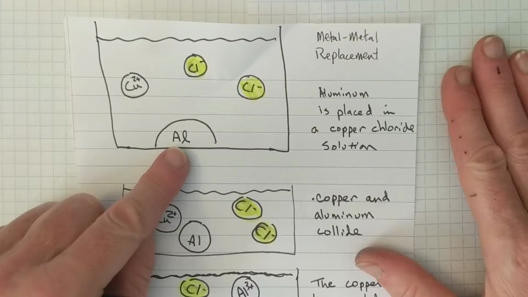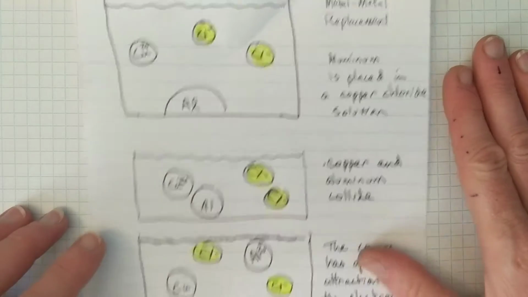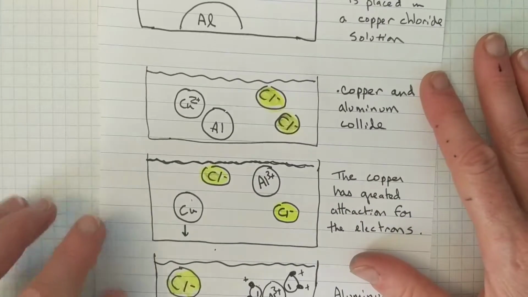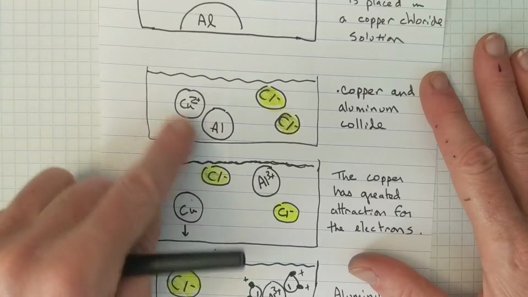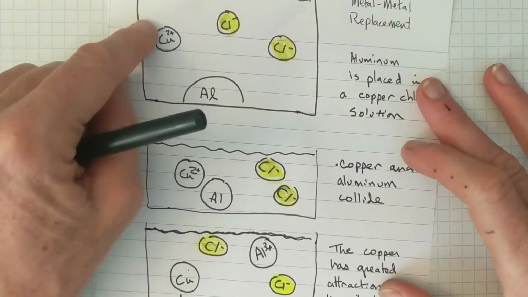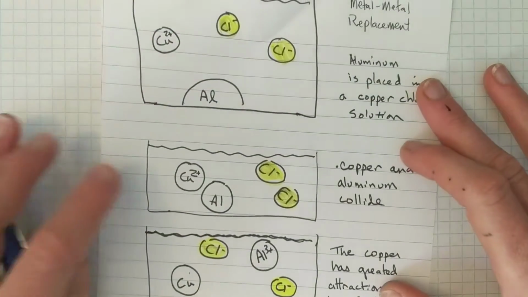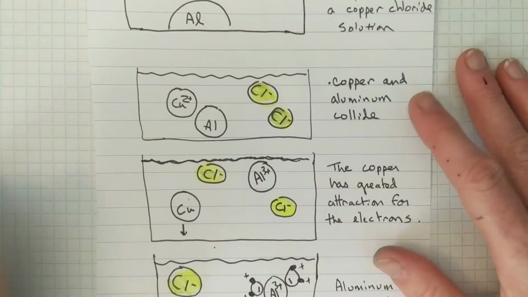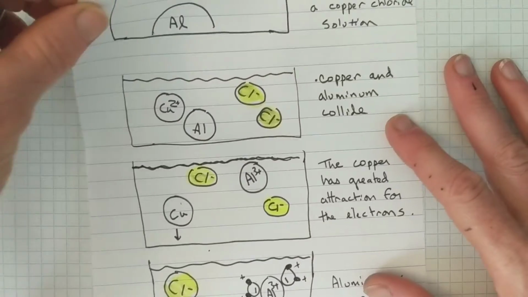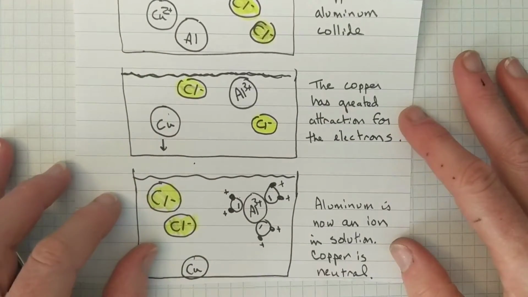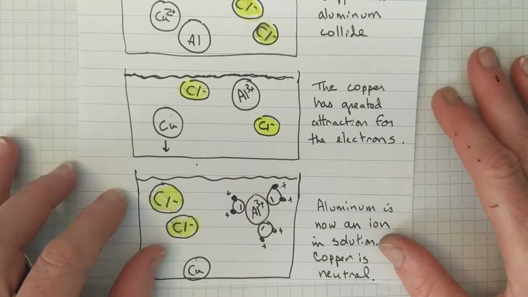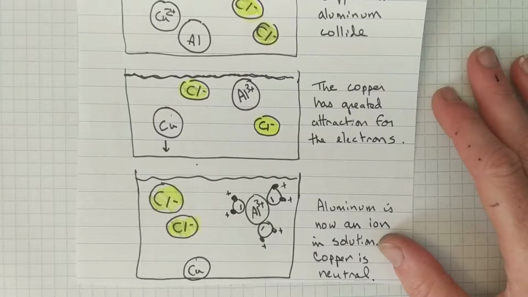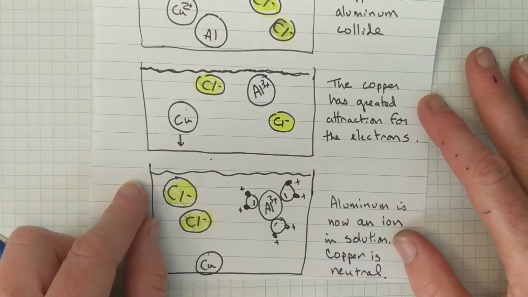We're going to put the aluminum in that copper solution. We're going to have collisions. That copper is going to bump into it, because remember, that water is continuously jostling these ions around. So we'll have a collision. And because copper and aluminum have different activities, the copper has a greater attraction for the electrons.